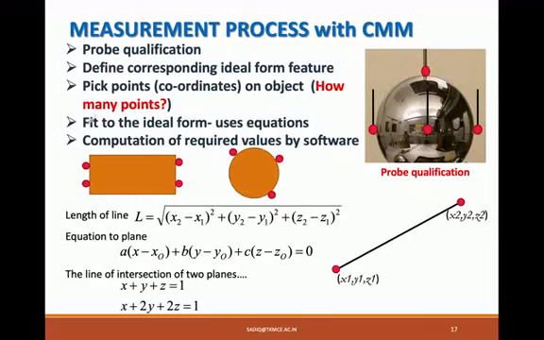So when we pick the points, it will fit the points to the ideal form, and it uses equations, and the computation is done by the system software, and the required values will be given. Even if you want the length, it will give the length. If you want to get the parallelism, squareness, anything, everything can be computed based on the equations in the software. So the beauty is that both dimensional measurement as well as form measurement can be simultaneously obtained by just picking the coordinate points in three-dimensional space in CMM.